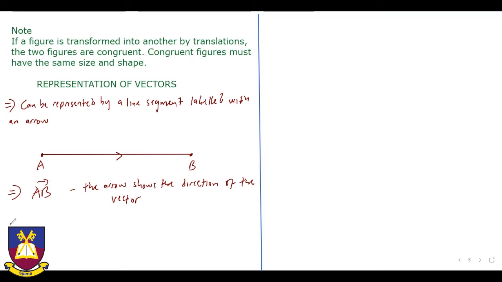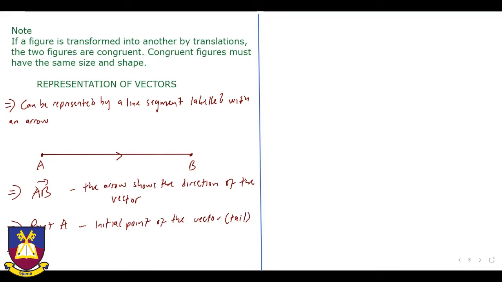Now this point A will be called the initial point of the vector, which is also known as the tail. So this is the tail of the vector.